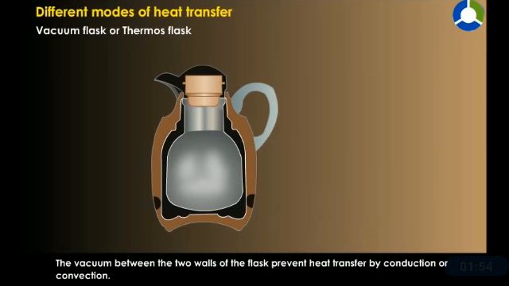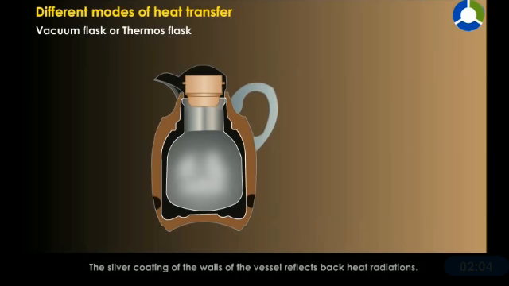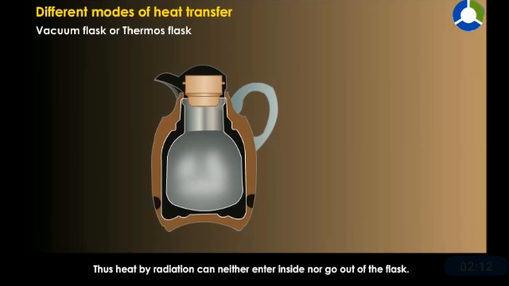The vacuum between the two walls of the flask prevent heat transfer by conduction or convection. The silver coating of the walls of the vessel reflects back heat radiations. Thus, heat by radiation can neither enter inside nor go out of the flask.